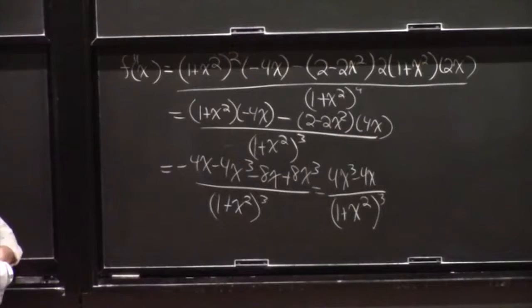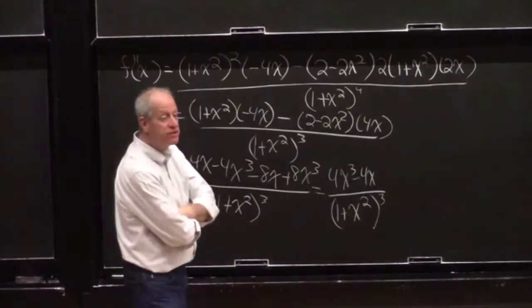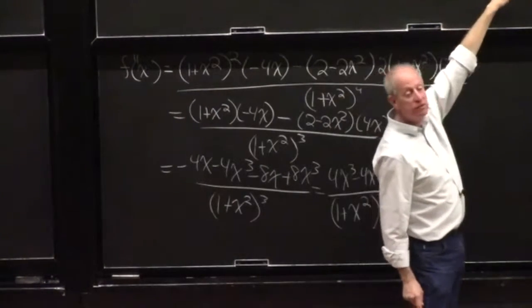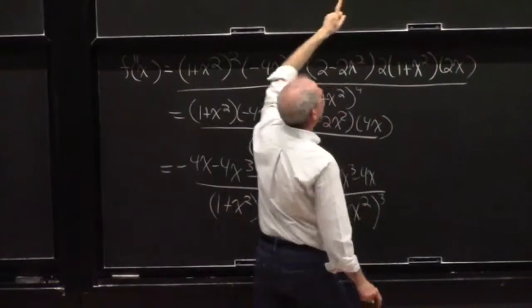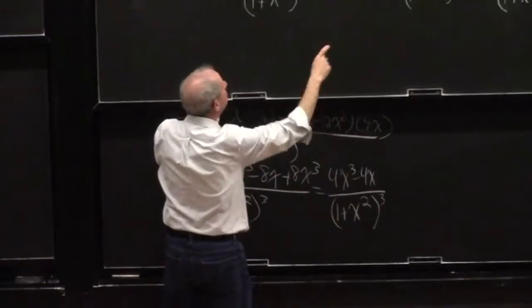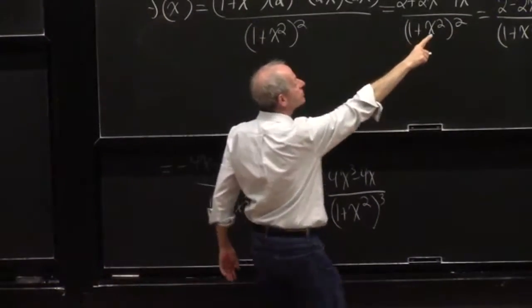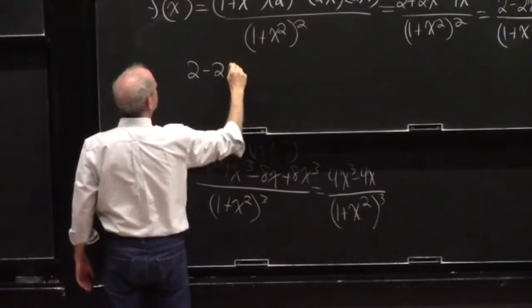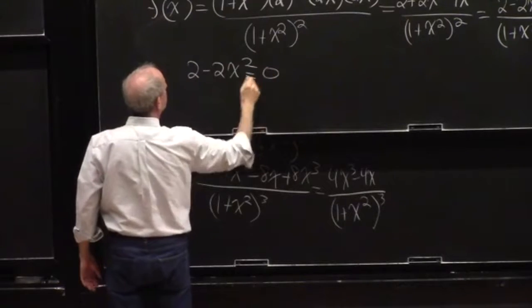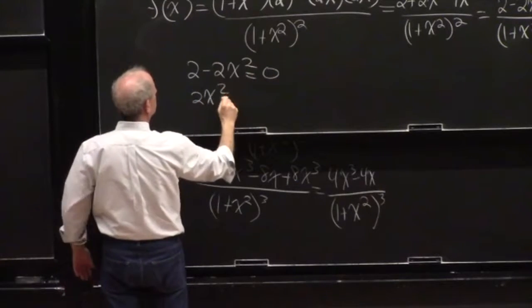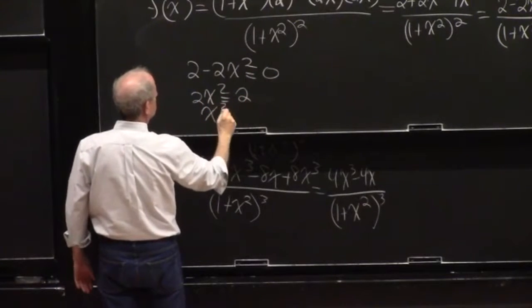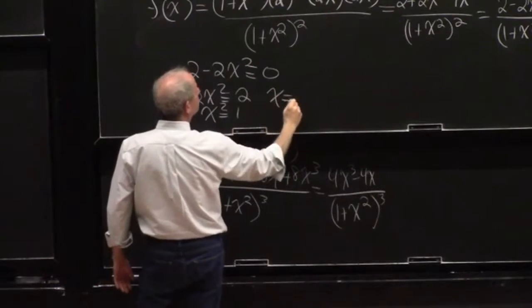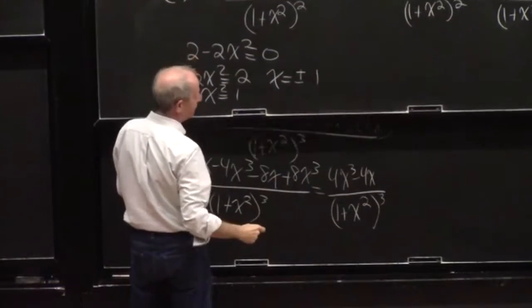So now we have to find some zeros. The denominator is never 0. 1 plus x squared is always greater than or equal to 1. So we'll go back to the top, and to find where this is 0, just set the numerator equal to 0. So you get x equals plus or minus 1.